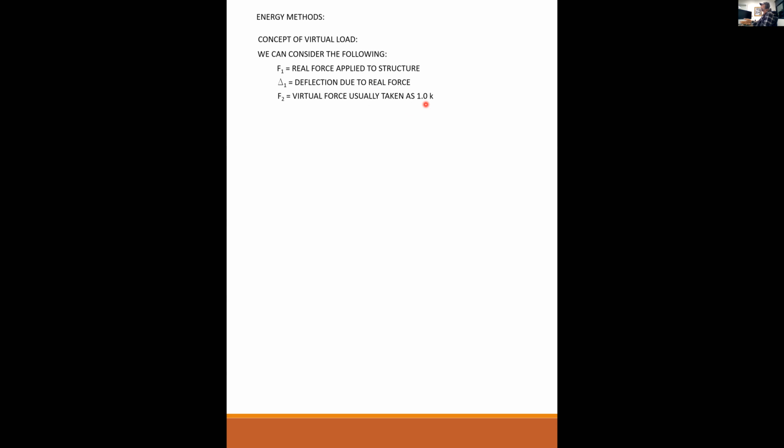We make it 1 so that it's really easy mathematically to account for. And then delta 2 is the deflection due to the 1 kip imaginary force that we're putting on our structure. This might be a bit confusing at this point, but it's going to make sense in a minute, hopefully.